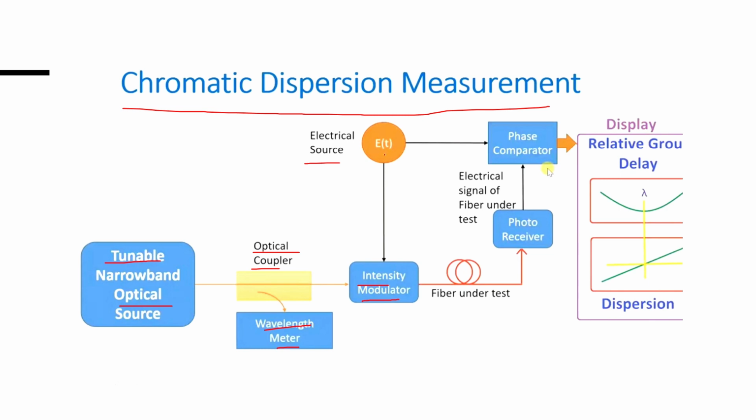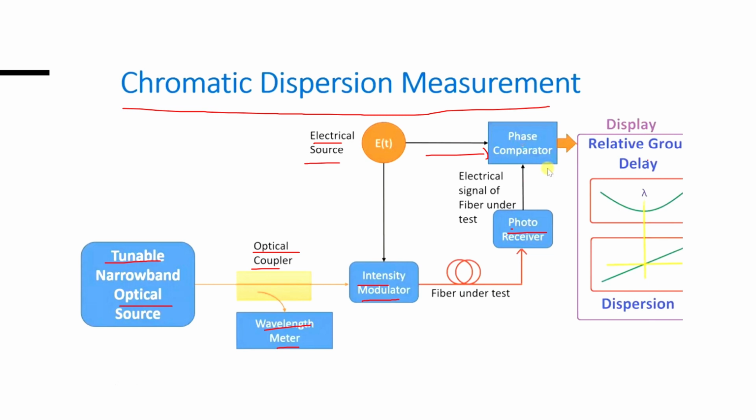The electrical source will give the electrical pulse to the phase comparator, and the phase comparator will compare the electrical signal coming from the electrical source and the electrical signal coming from the photoreceiver block, and the output of the phase comparator will give the measurement of the dispersion.